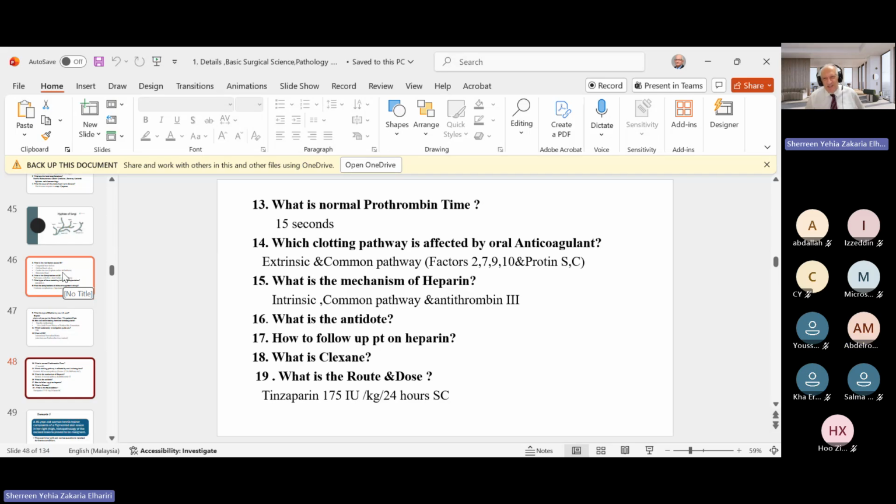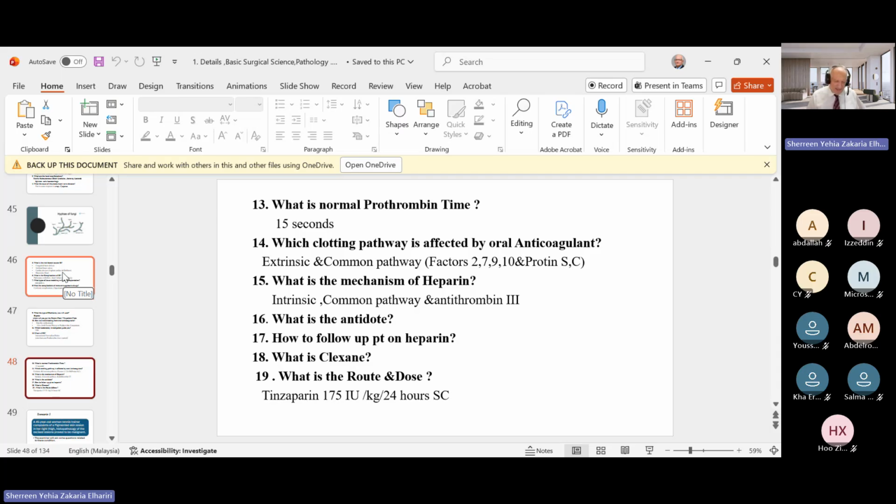Okay, this is what you are taught in medical school, because in our exam we test the background, what you learn in medical school, not what you learn from me or from other resources. If you mention intrinsic, extrinsic, common pathway in the exam, we accept it. And this is factors 2, 7, 9, 10. What you say in the exam is up to you also.